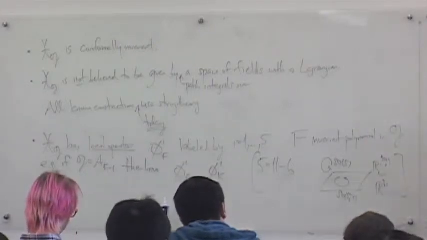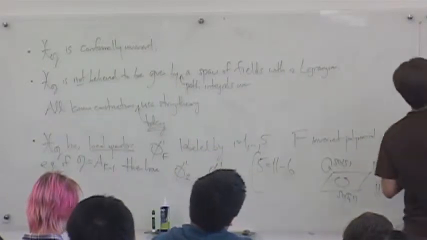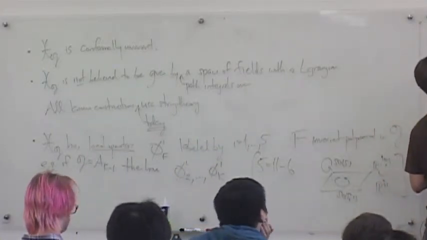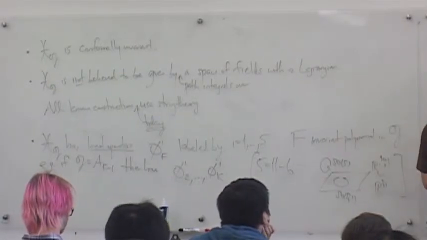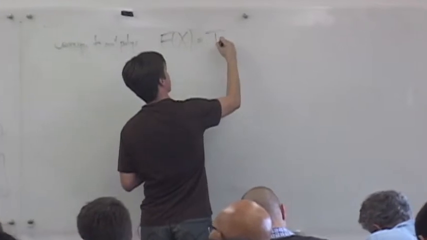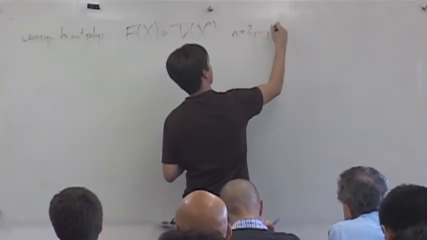I'm just saying that we have one invariant polynomial in each degree, corresponding to invariant polynomials f(x) equals trace of x to the n, where n equals 2 up to k.